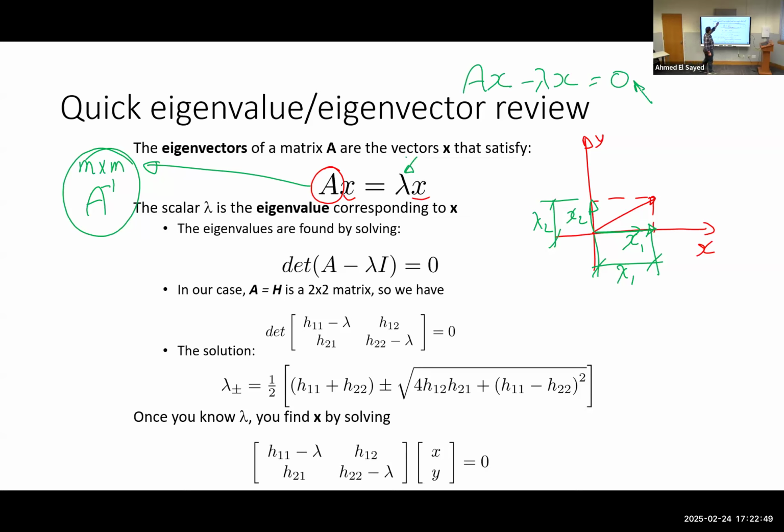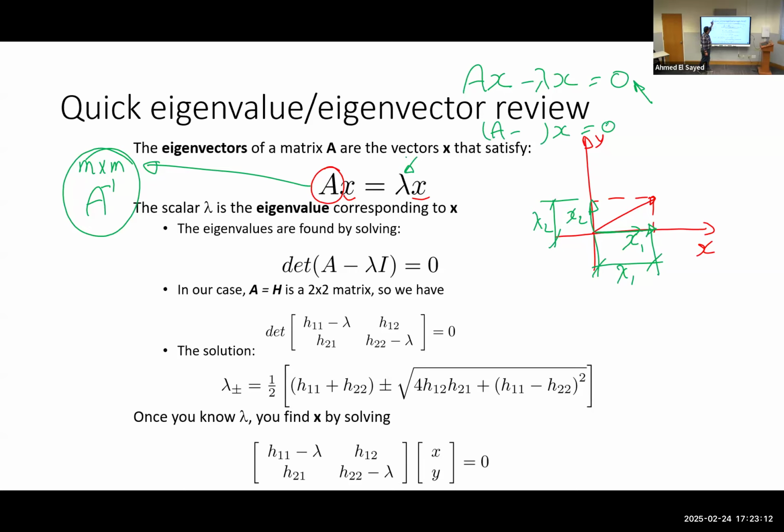Now I can take x as a common factor. But again, because these are matrix operations, I have to take the common factor from this direction. So it will be A minus something, times x equals 0. I take it from here, so it will be A times x.